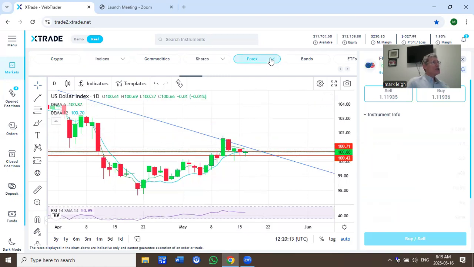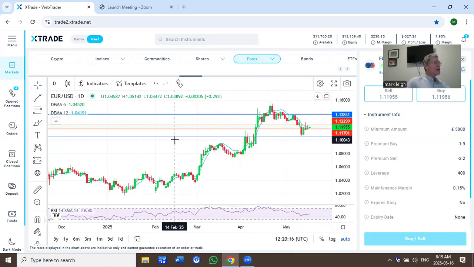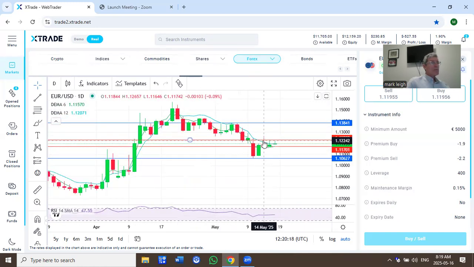Let's have a look at the majors, starting with the Euro US. And there's those same 3 days that we saw very timid and narrow on the index. Same thing on Euro US.